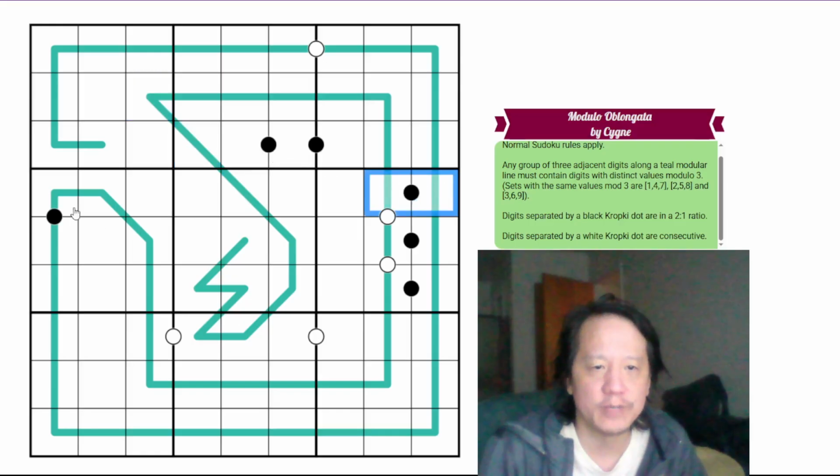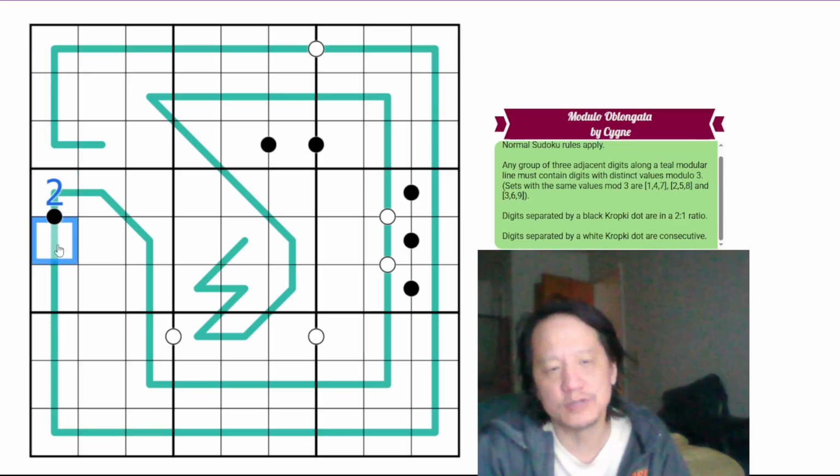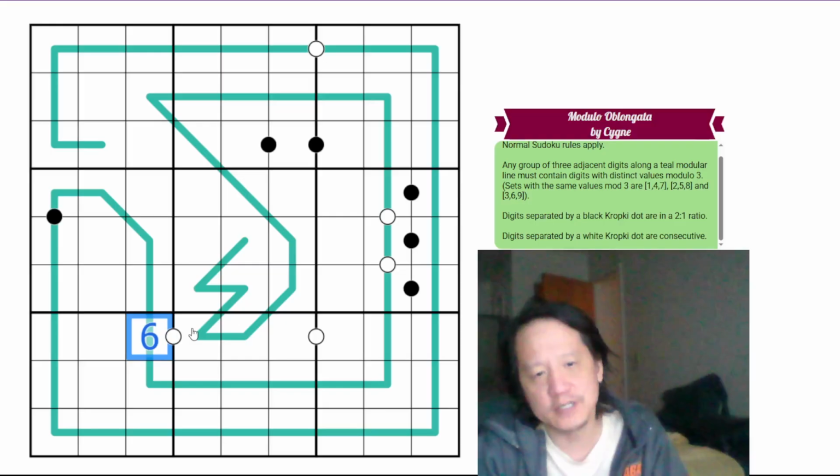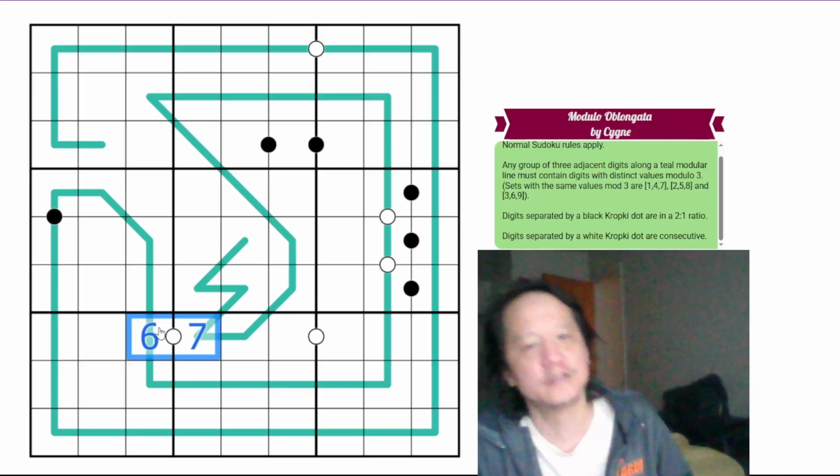So, for example, if this were 2, this would have to be 1 or 4 to maintain the 1-to-2 ratio between them. And digits separated by a white dot are consecutive. So, for example, if this was a 6, this would have to be 5 or 7 to make sure that these digits are consecutive.